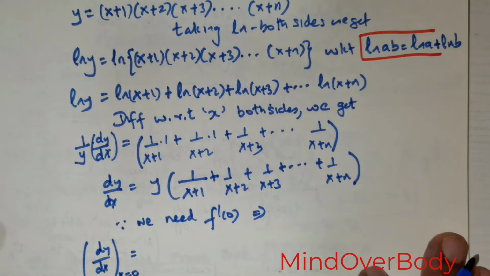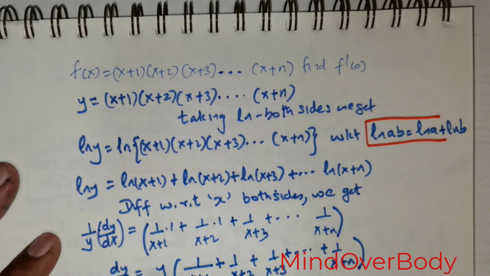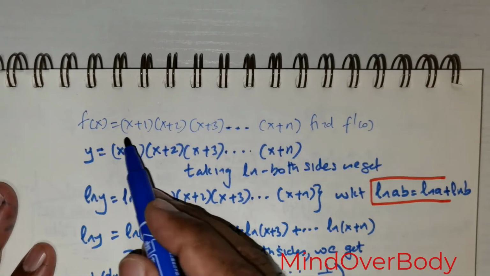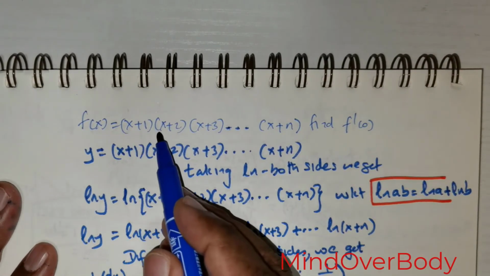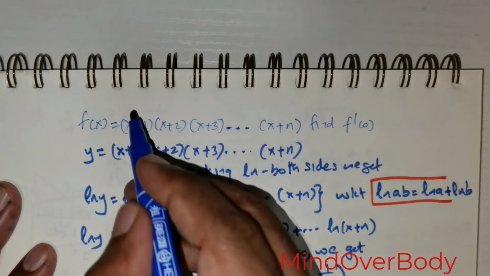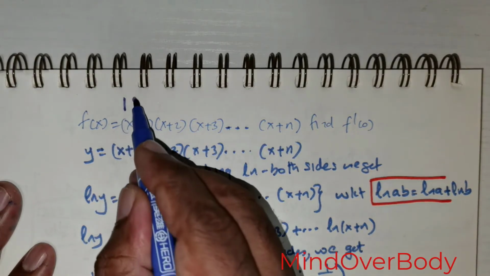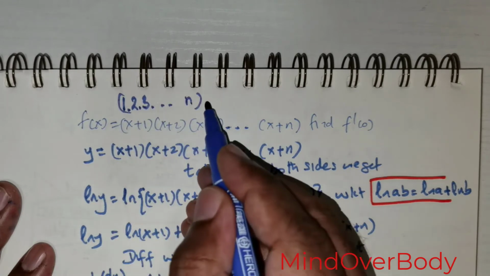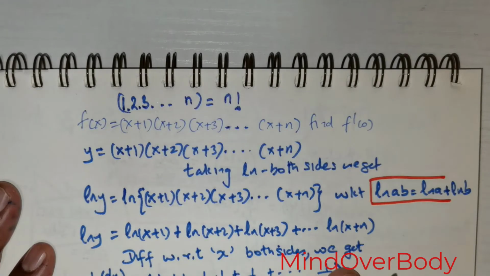Before I move on, I want to show you what happens when y takes the value at x equals 0. This is 0, this is 0, and what we get is 1 multiplied with 2 multiplied with 3 up to n. What is this? This is nothing but n factorial.